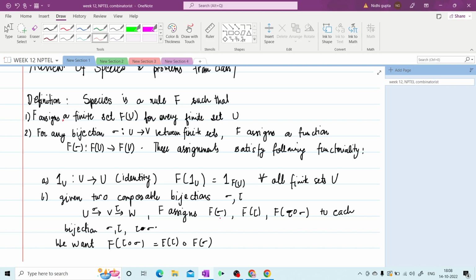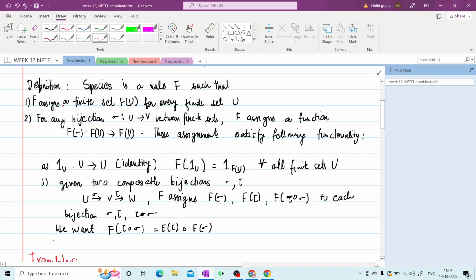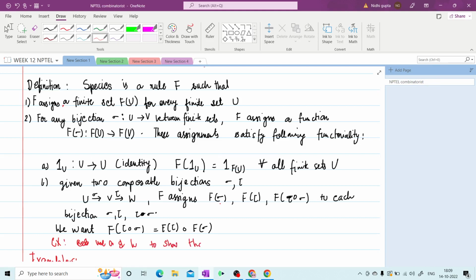And this is an exercise: use A and B to show that these assignments F(sigma) are also bijections.